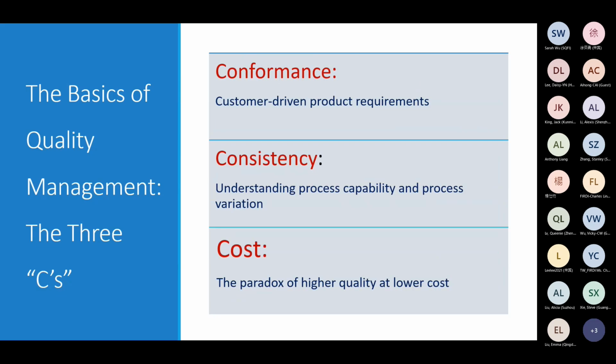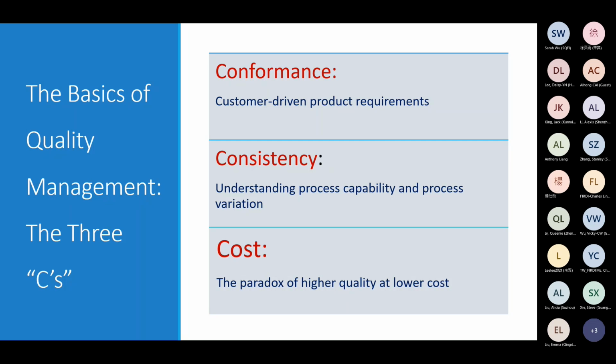code. So our approach, the SQF approach to quality management, is what we call the 3 C's: conformance, customer-driven product requirements, conforming to customer expectations; consistency, understanding process capability and process variation so that the product that is produced and sold and consumed is consistent.